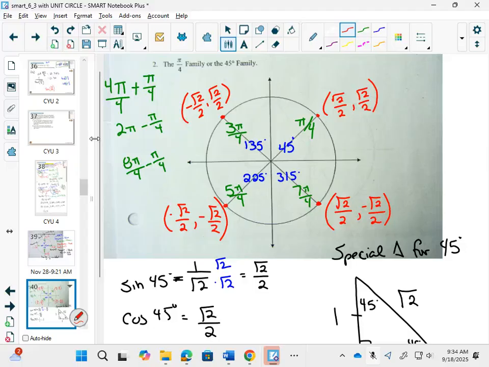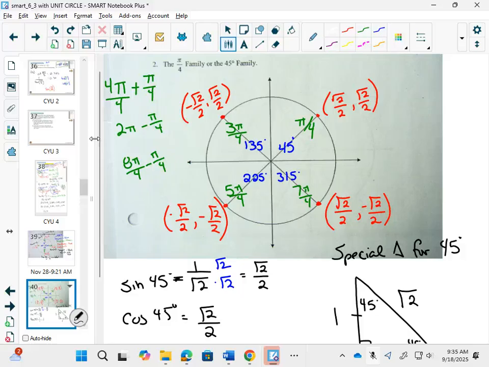Do you see that that follows the CAST rule as well? Your big idea says that your x coordinate is cos and your y coordinate is sine. According to your CAST rule, cos is negative in quadrant 2, sine is positive in quadrant 2.